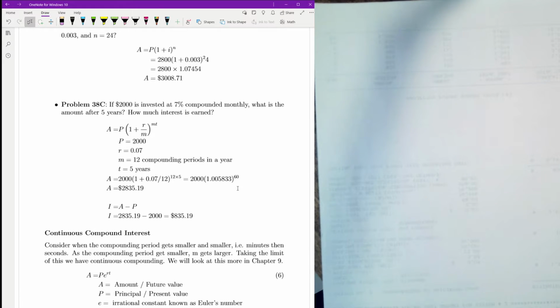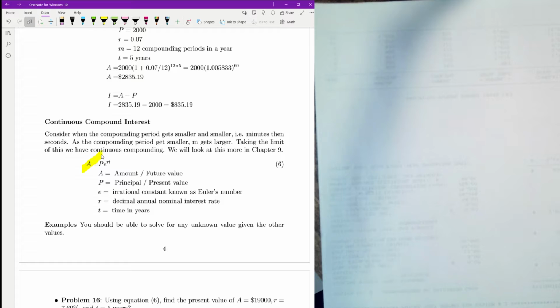But if you were to think about it, as your compounding period gets shorter and shorter, so you have more compounding periods in a given time, let's say minutes and then seconds, we eventually say that it becomes continuous. We'll look at limits, which is basically what this is, later in chapter 9, but we don't need to worry about that right now. For right now, we have a pretty basic formula for that.